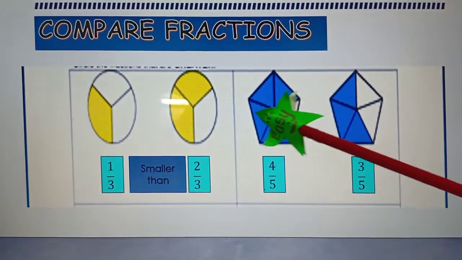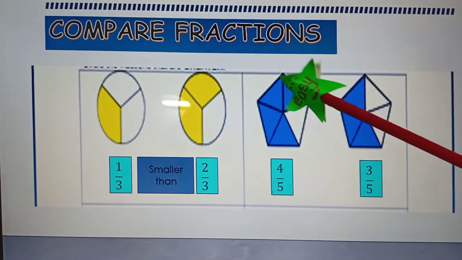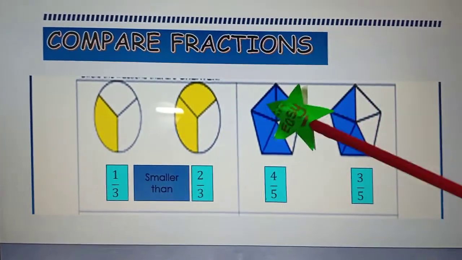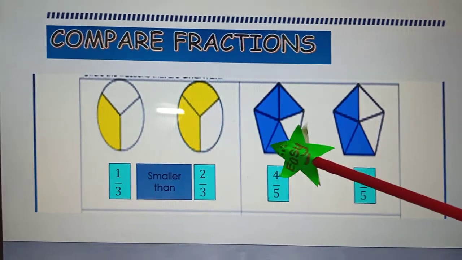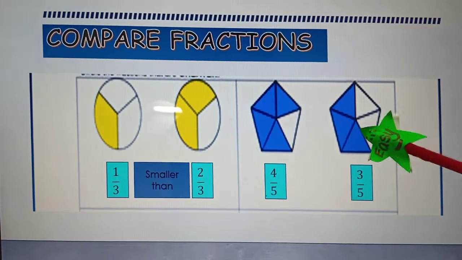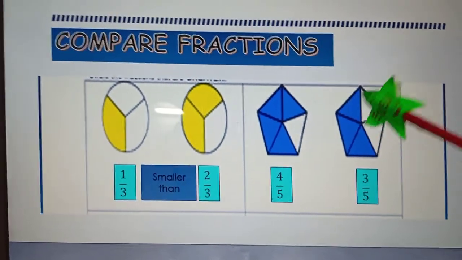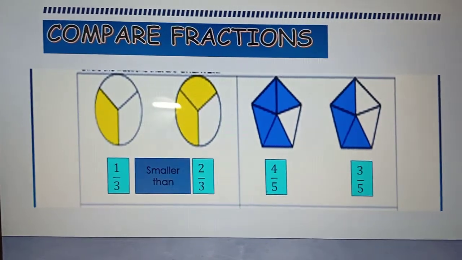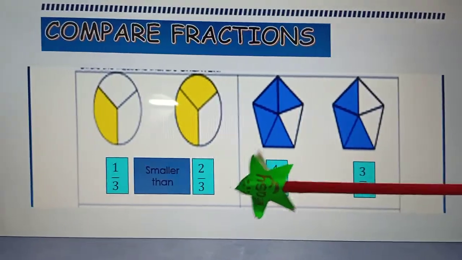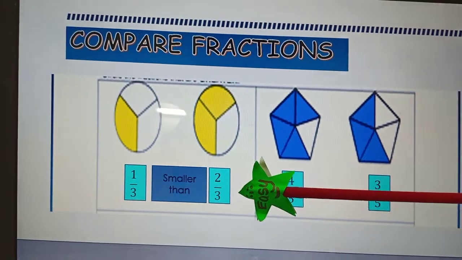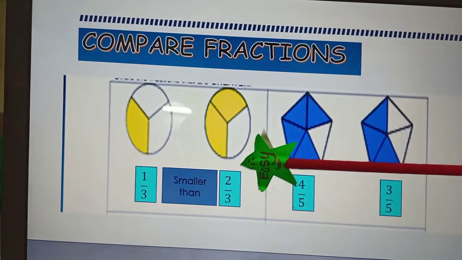We have 5 equal parts. 1, 2, 3, 4, 5. How many parts do we color? 1, 2, 3, 4. That is the numerator. Same here, 1, 2, 3, 4, 5. How many parts do we color? 3 parts. Before we compare the fractions, you compare the diagram first.